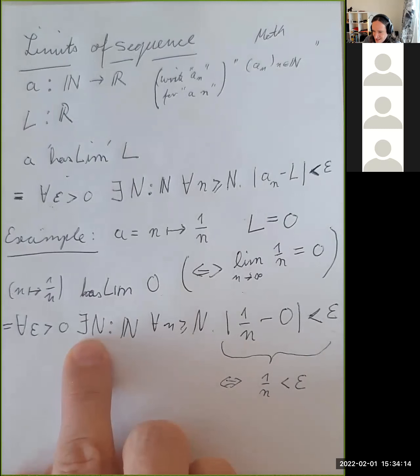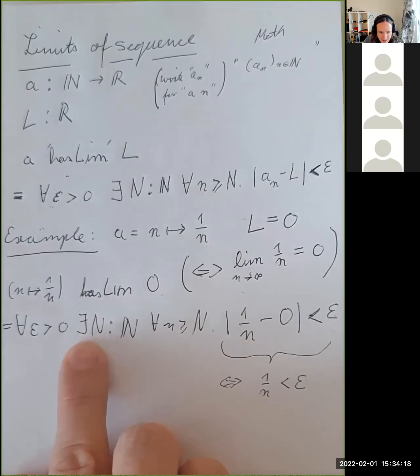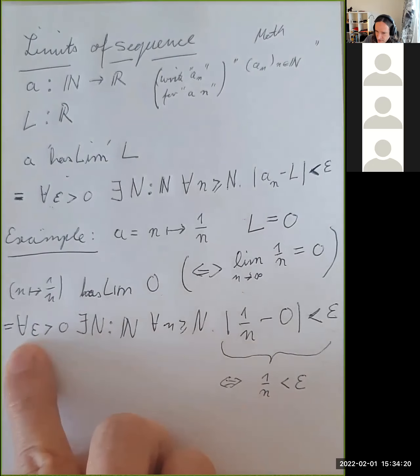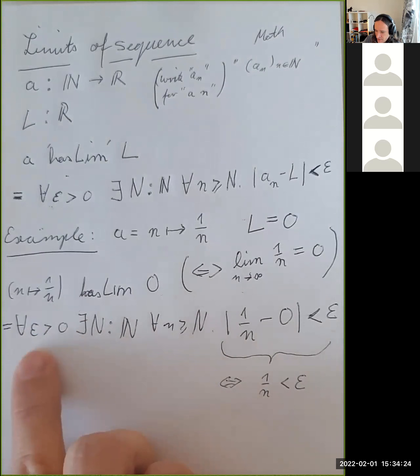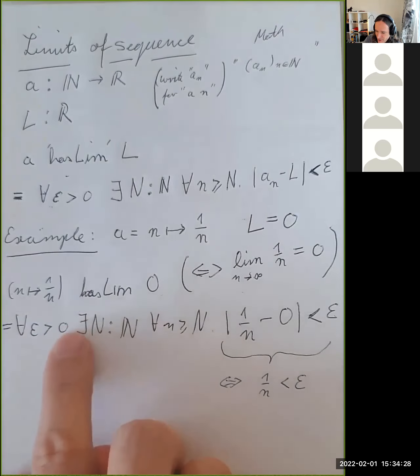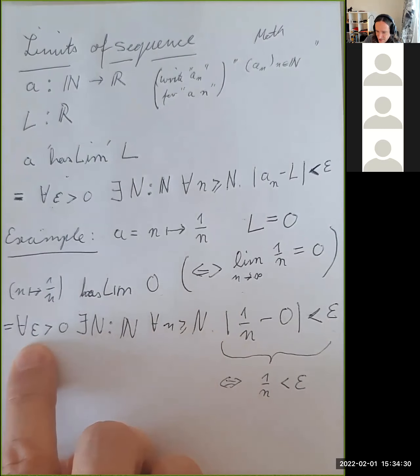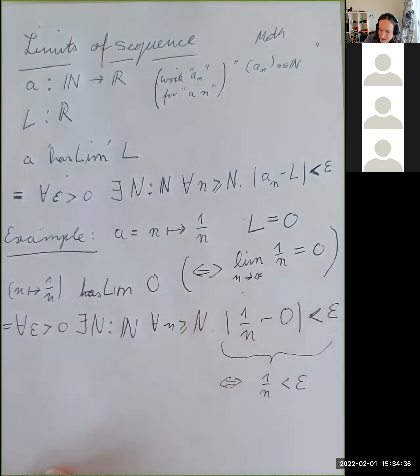So exists says we have to come up with something, but there's a for all in the front here. So we have to come up with something that depends on epsilon. And another way to say this is we have to produce a function.